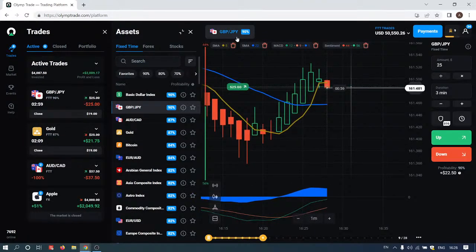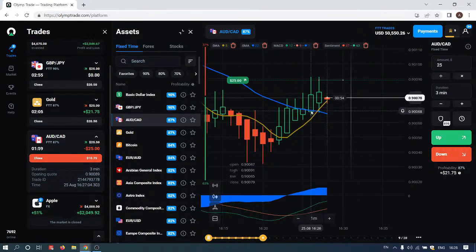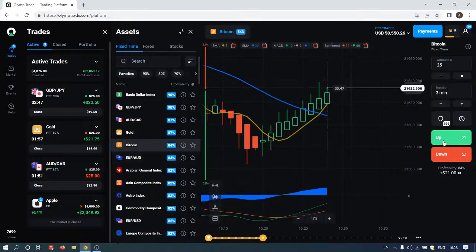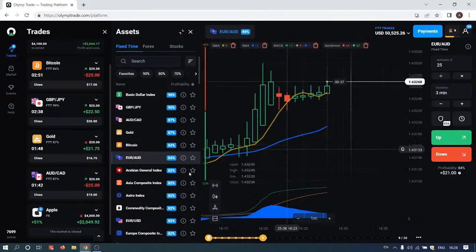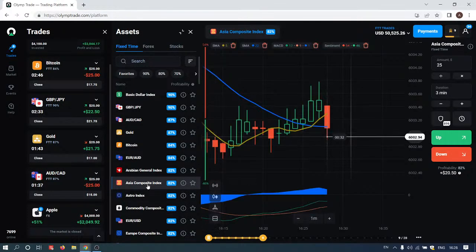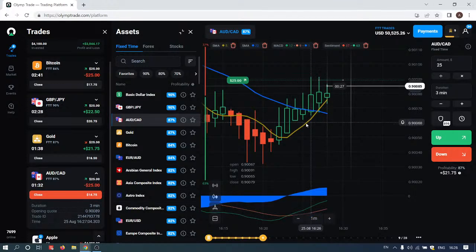So yeah, let's try this one. The GBP JPY trade. So how much will Apple cost in 10 years? Probably 5 times more. I don't know. But the markets just keep going up in most countries. Of course, there are exceptions, but when we talk about, say, the American stock exchanges, they actually do go up.